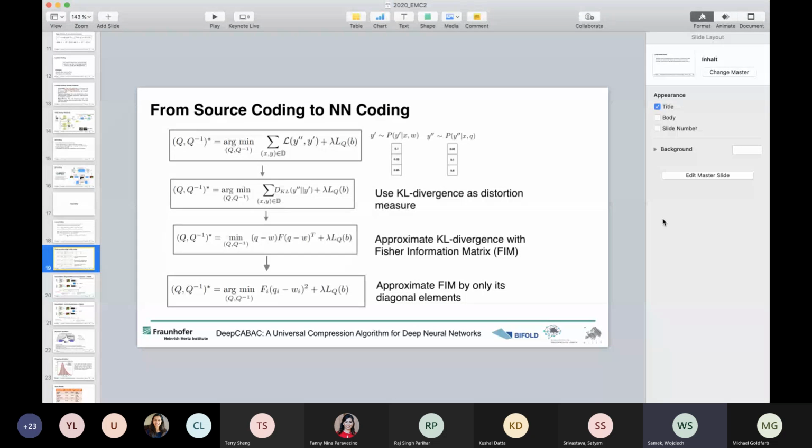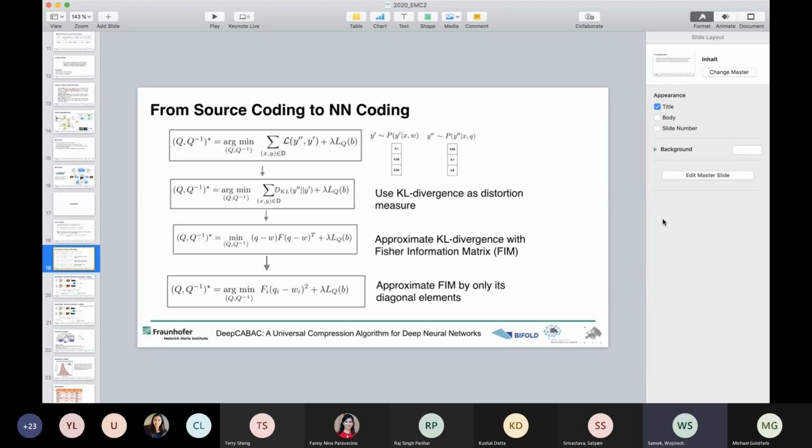This is a squared difference, but you weight this distortion by Fi, and Fi tells you how much this weight has impact on the final output. In other words, if you compress your weight in the first layer, it may have larger impact on the output than when compressing weights in later layers. Therefore, this Fi takes care of it.